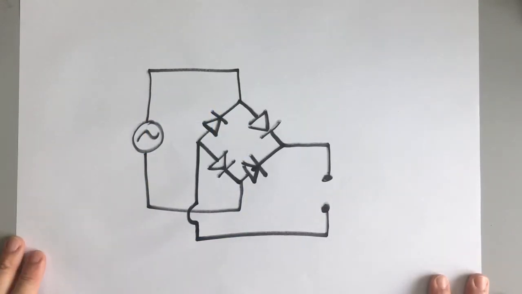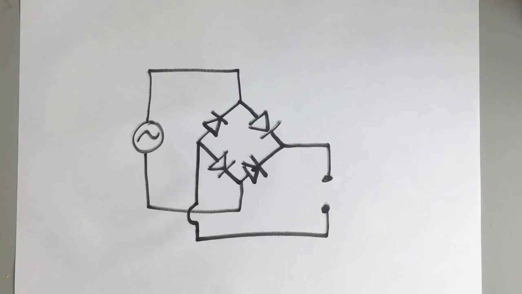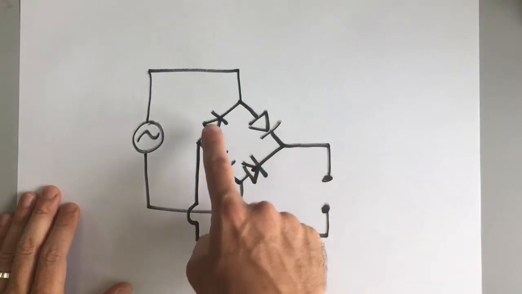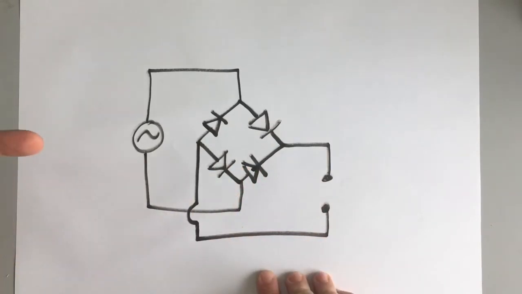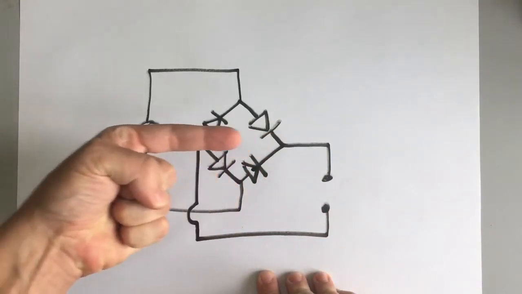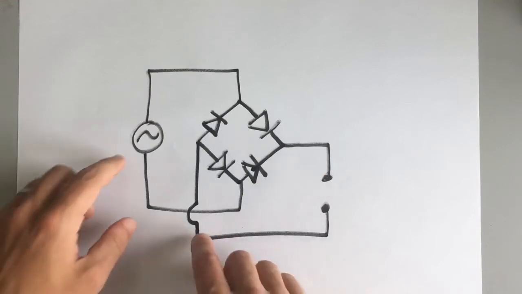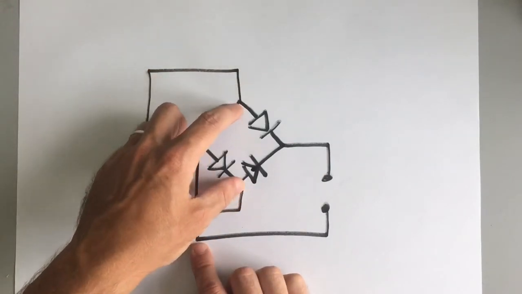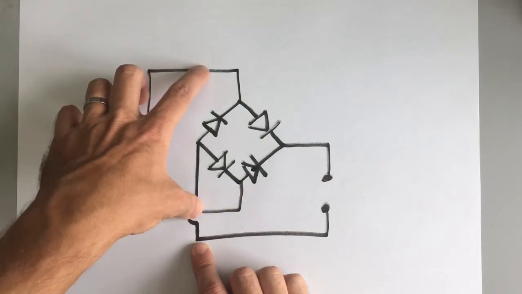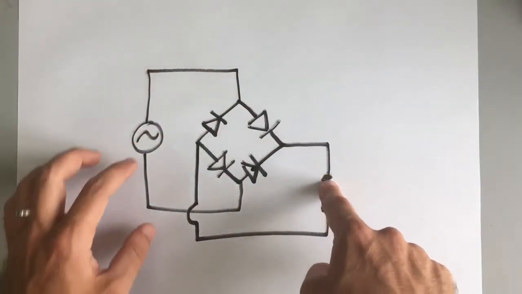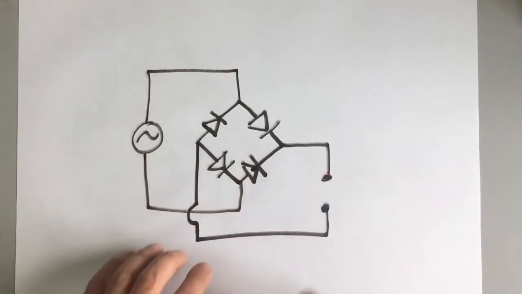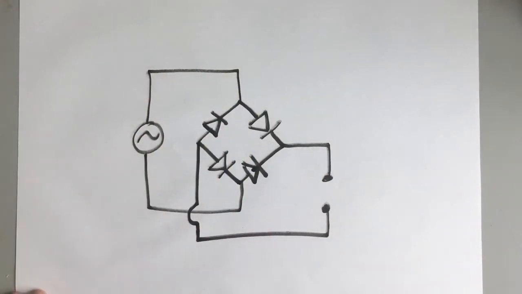Now, if we want to be slightly more advanced than a half-wave rectifier, we can use one of these. This is just 4 diodes connected in a diamond shape, and you can see that all the diodes are pointing that way. What that means is when you get your AC circuit coming in at the top, if the AC is positive, then it makes this positive, but if the AC is negative, then it also makes this side positive, and I'll show you an animation in a second just to show you that.